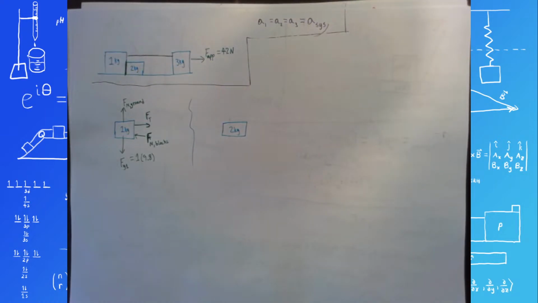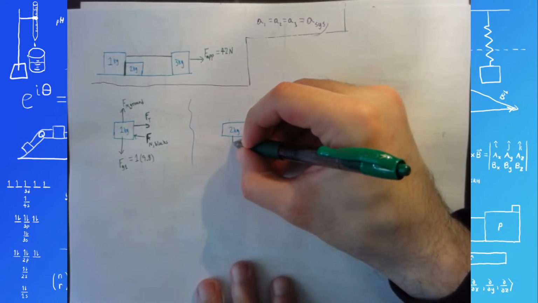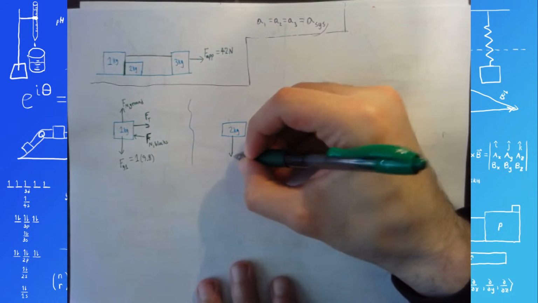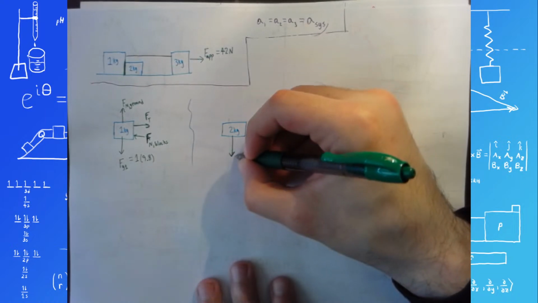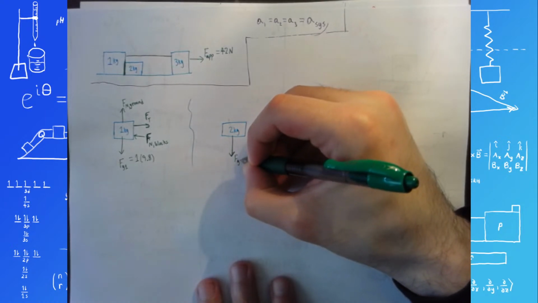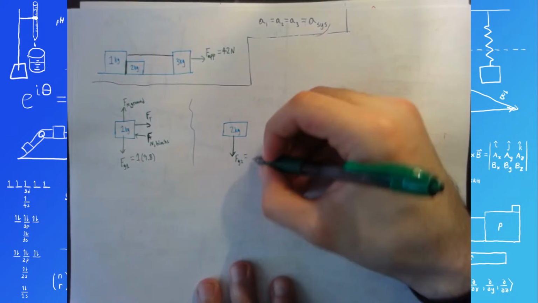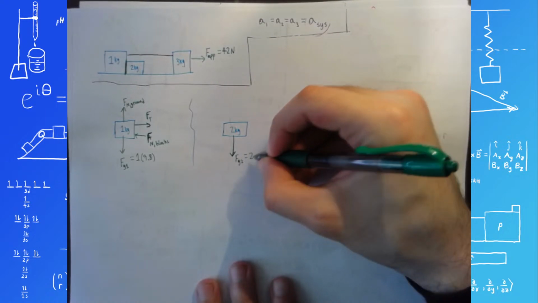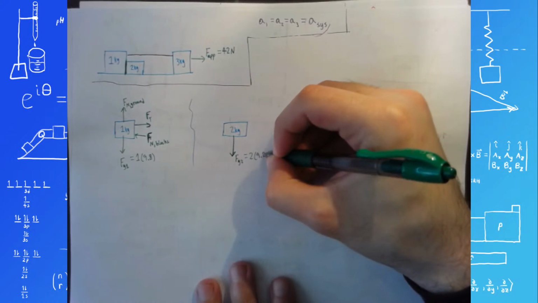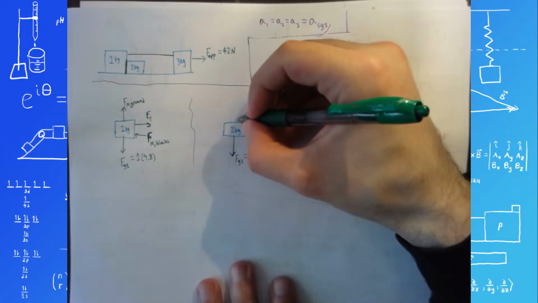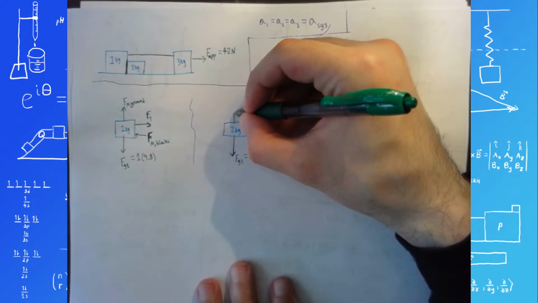Well, the 2 kilogram block is on Earth, so force of gravity 2 is equal to 2 times 9.8. This thing also experiences a normal force with the ground.